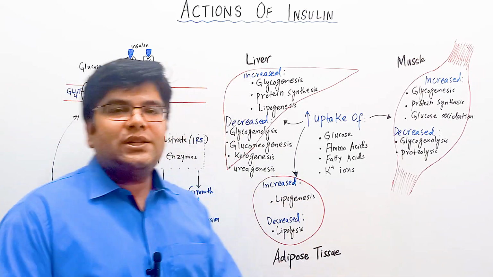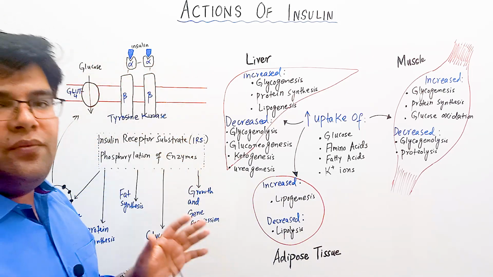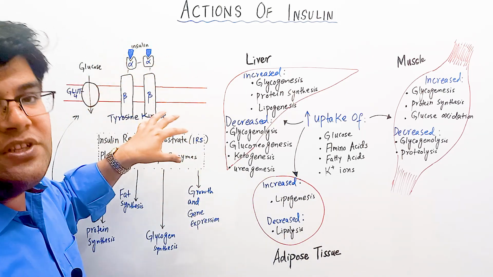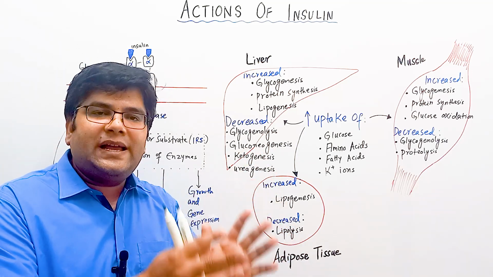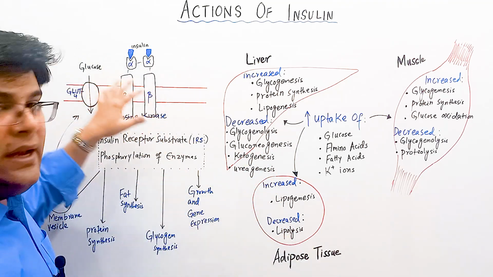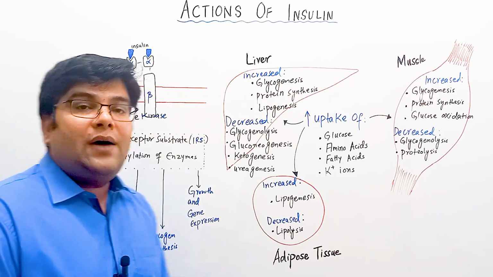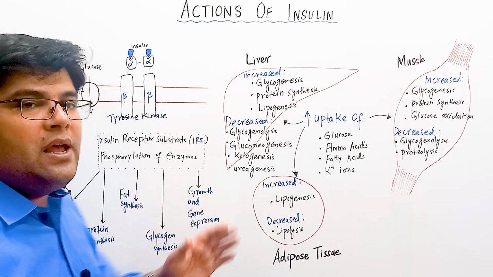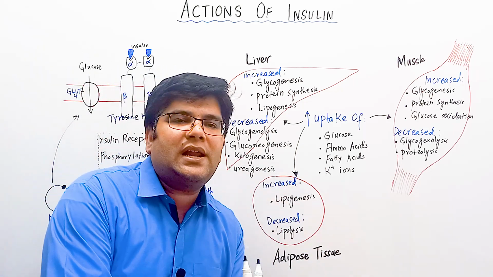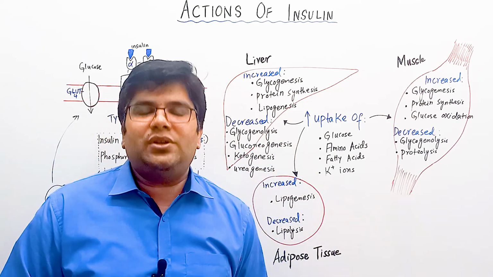Now just to summarize, insulin is a protein hormone which acts on a receptor which is present in the cell membrane, and this receptor uses tyrosine kinase mechanism. It's an enzyme linked receptor. After this receptor is activated, there is phosphorylation of several enzymes inside the cell, and because of that phosphorylation, some enzymes are activated and some enzymes are inhibited.